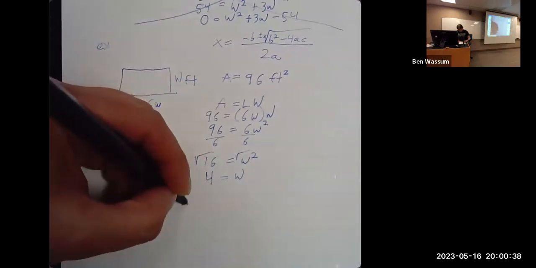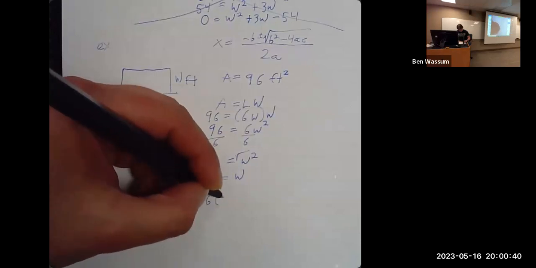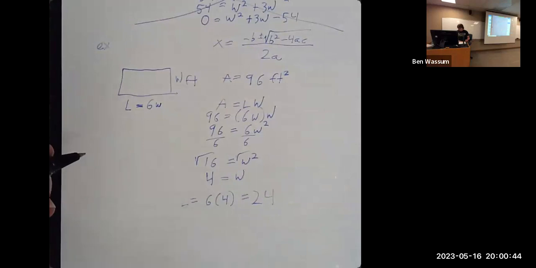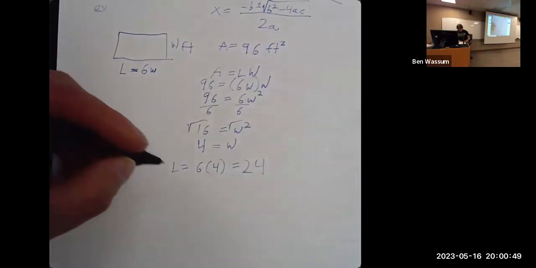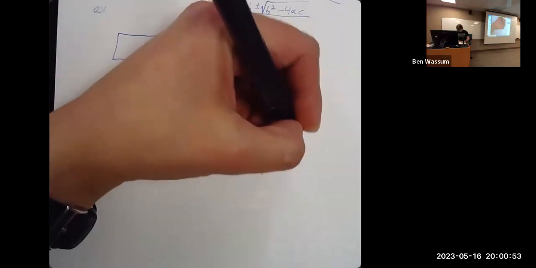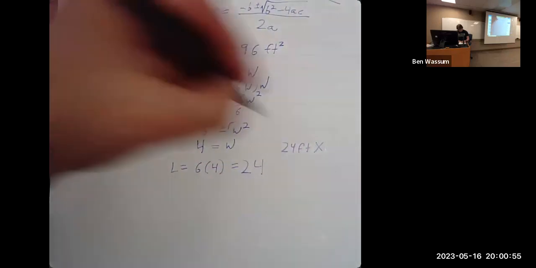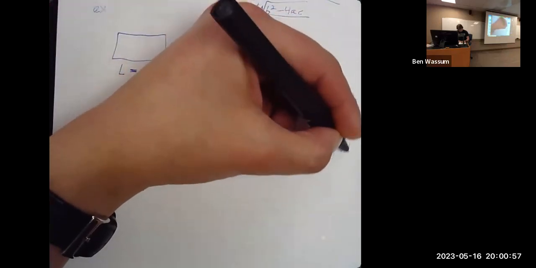Now we need the length, which is 6 times the width, which is 24. So we have some shape that is 24 feet by 4 feet.